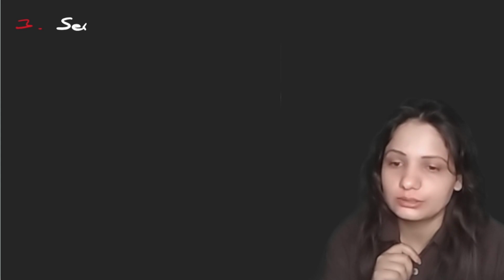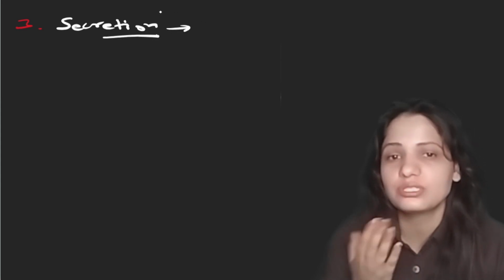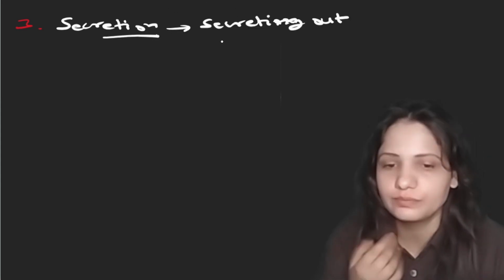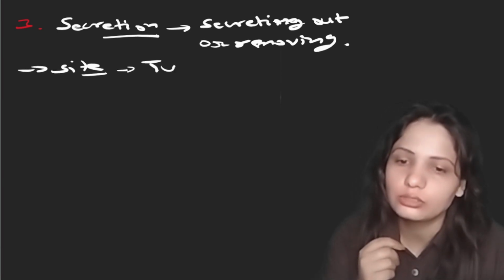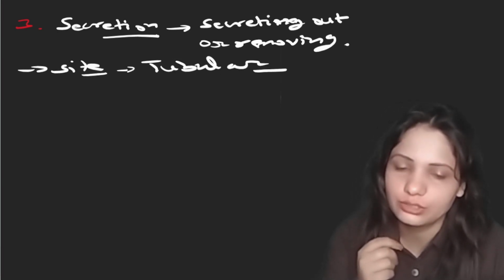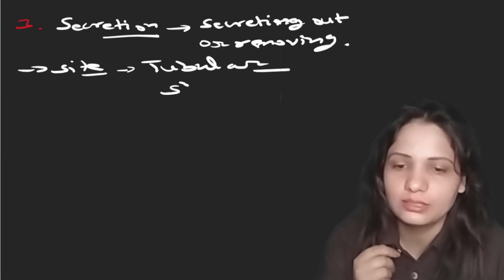Step number 3 is secretion. Secretion means secreting out something or removing. The site of secretion is again the tubular structure. Secretion will take place in tubular structures.